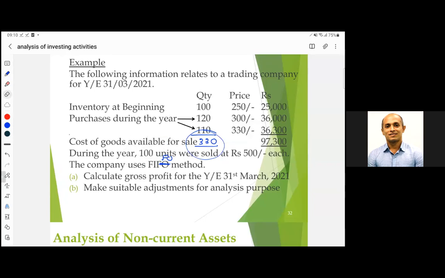Out of that, 100 units were sold, so you have 230 units. Then how are you going to value 230 units? 100 units at 250, another 120 units at 300, and the balance 10 at 330.